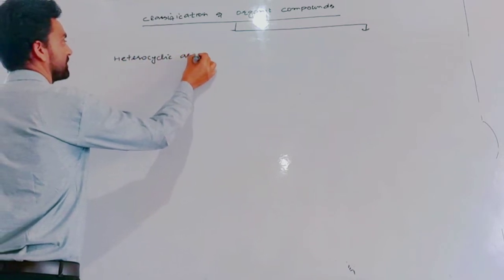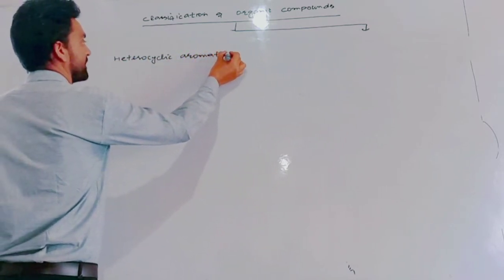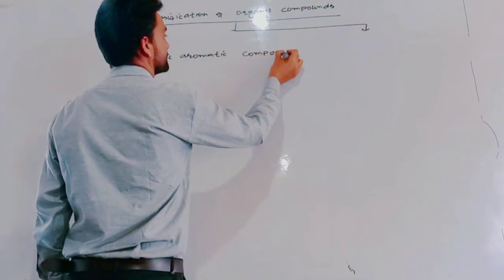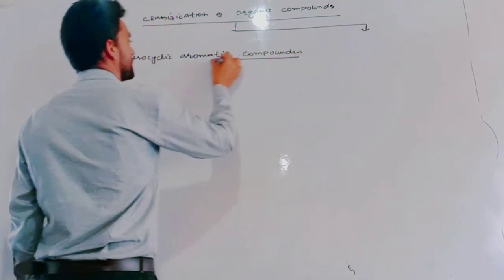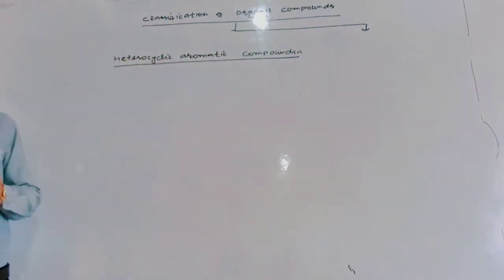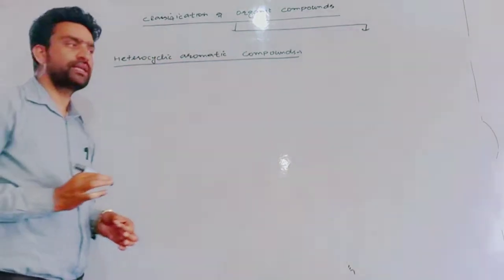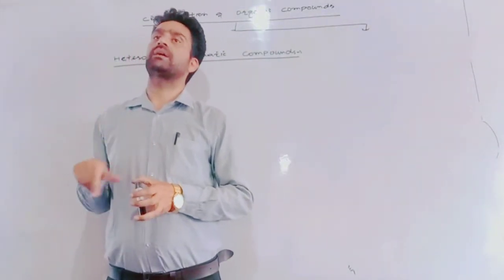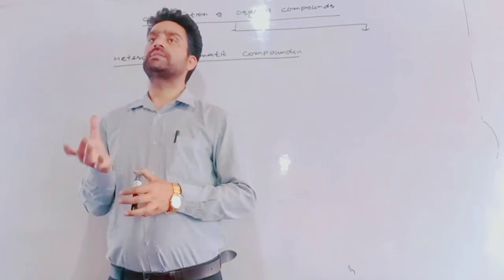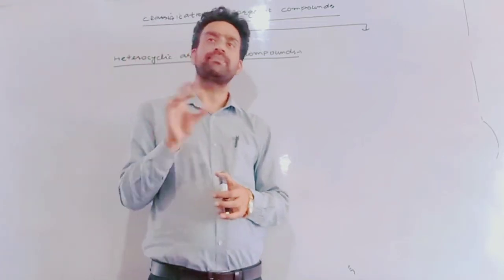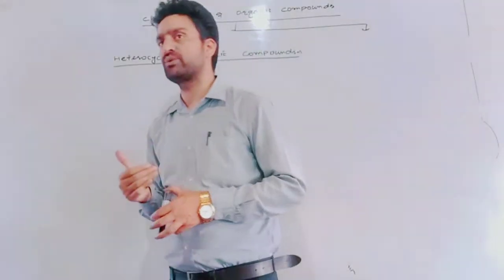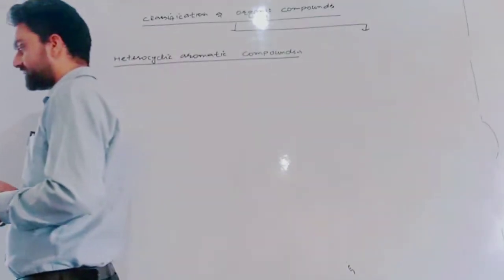Heterocyclic aromatic compounds. What are heterocyclic aromatic compounds? Heterocyclic aromatic compounds are those aromatic compounds in which the ring contains a heteroatom. Instead of a carbon atom, there is the presence of a heteroatom. The heteroatom may be in the form of oxygen, nitrogen, or sulfur. Right.